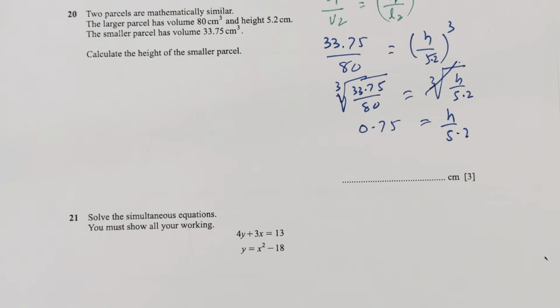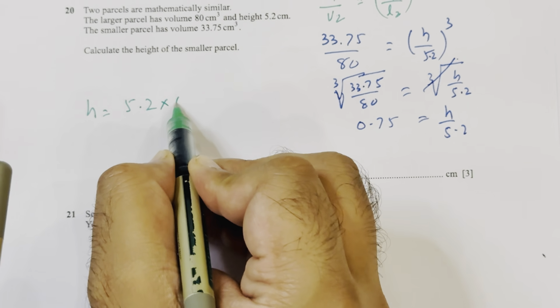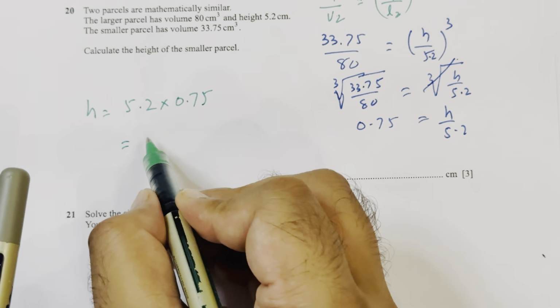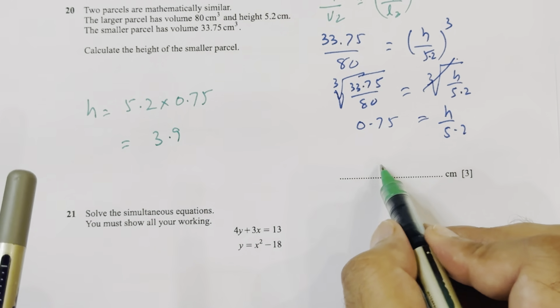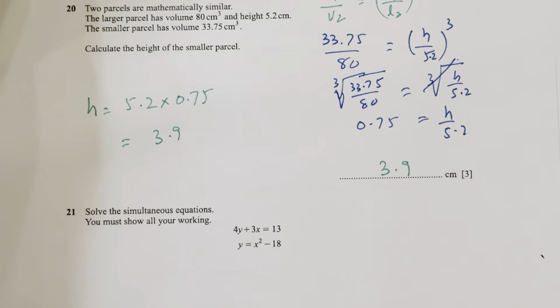Now you need to calculate the value of H. After multiplying 5.2 by 0.75, you get the value that is equal to 3.9 centimeters. So your answer would be 3.9 centimeters.